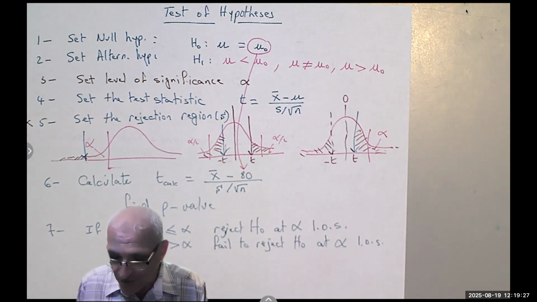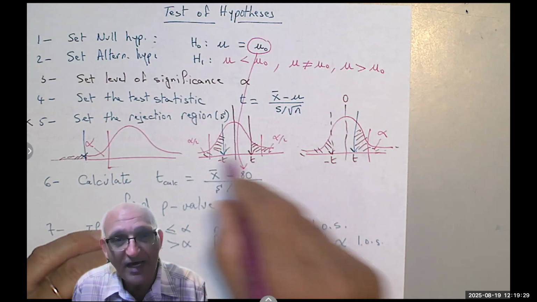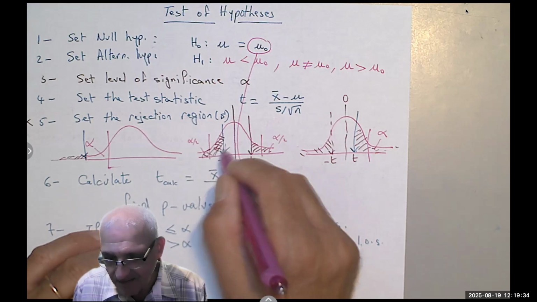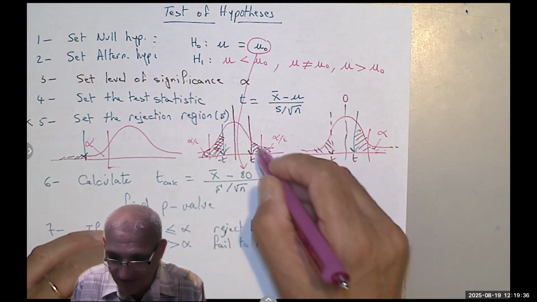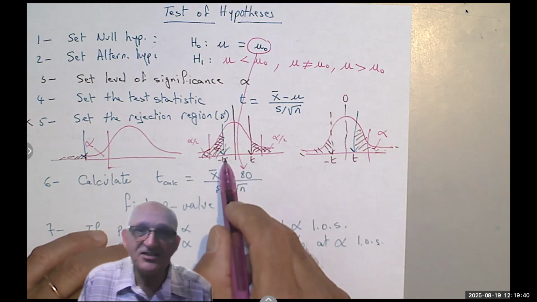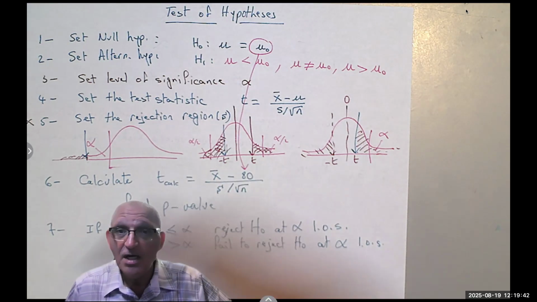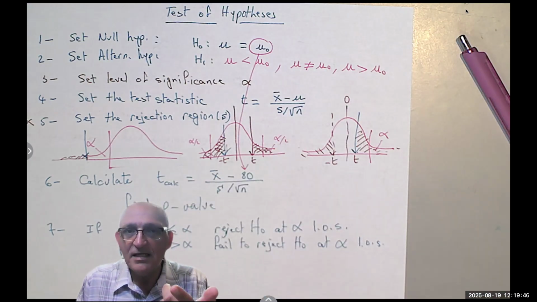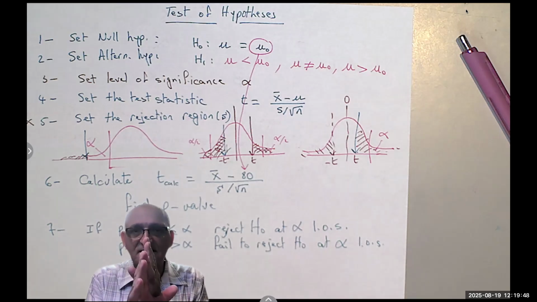So my p-value is the sum of these two areas, or twice this area, but it's easier to calculate the cumulative of negative t and then multiply it by 2.